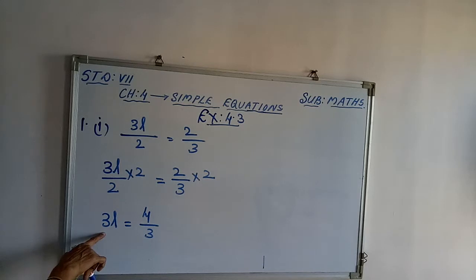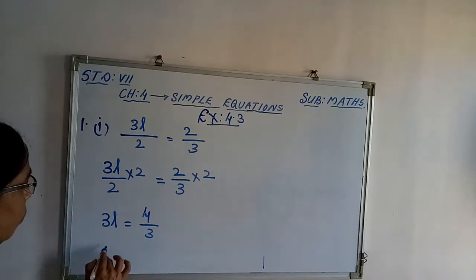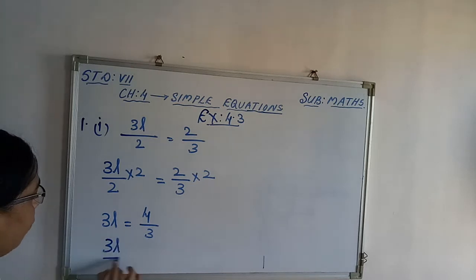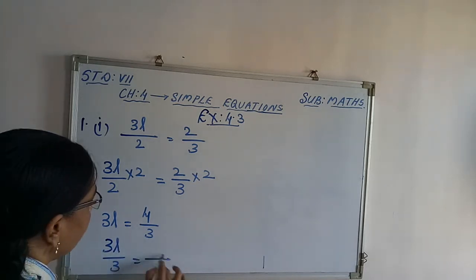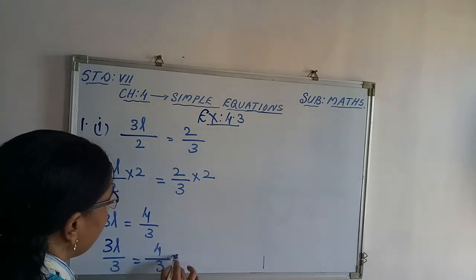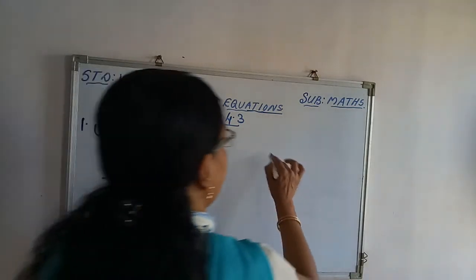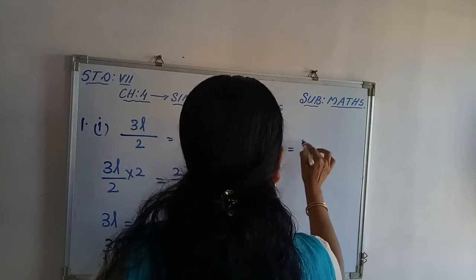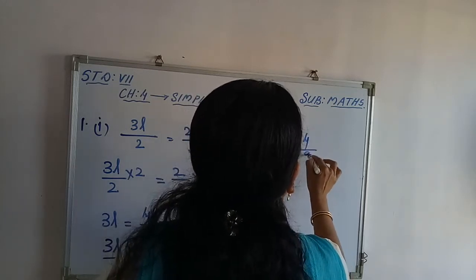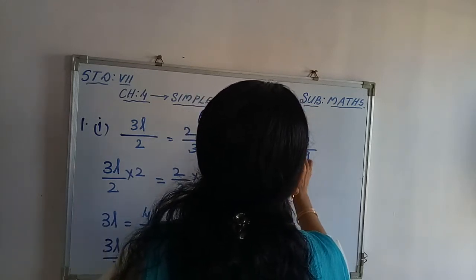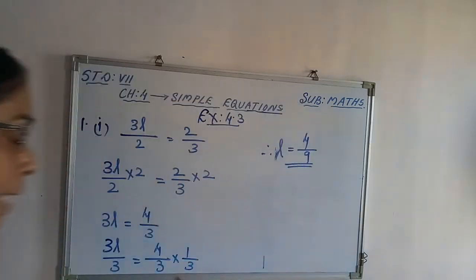Now how to remove this 3? Divide both sides by 3. So 3L divided by 3 is equal to 4 upon 3 multiplied by 1 upon 3. 3 and 3 get cancelled. We get, therefore, L is equal to 4 upon 9.